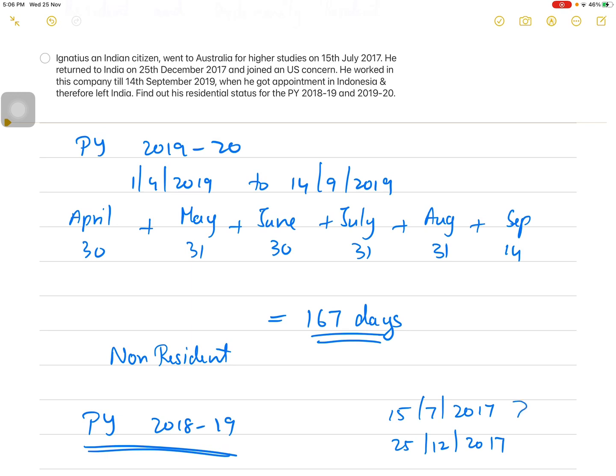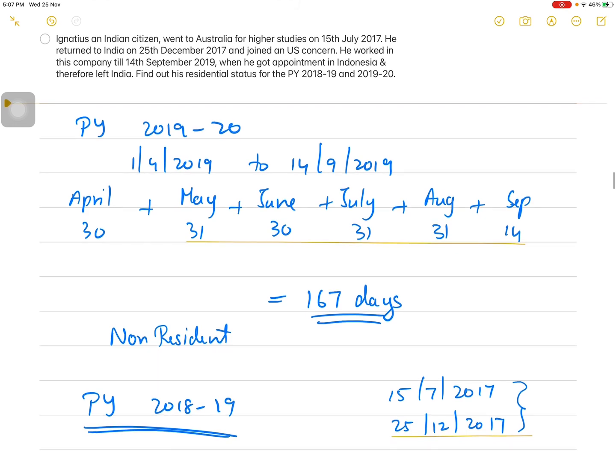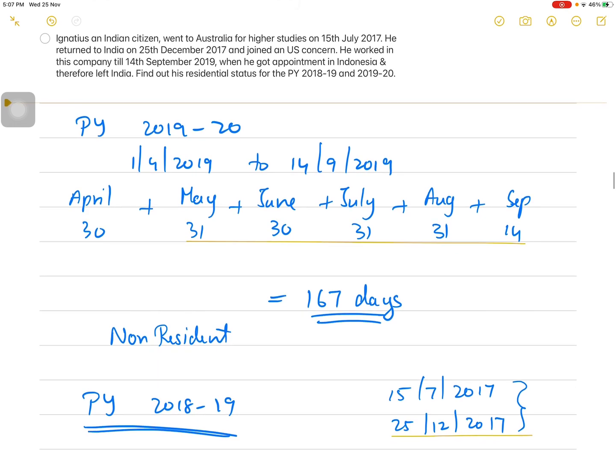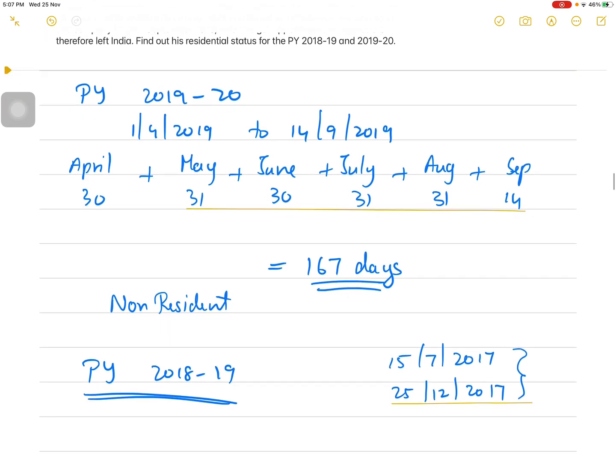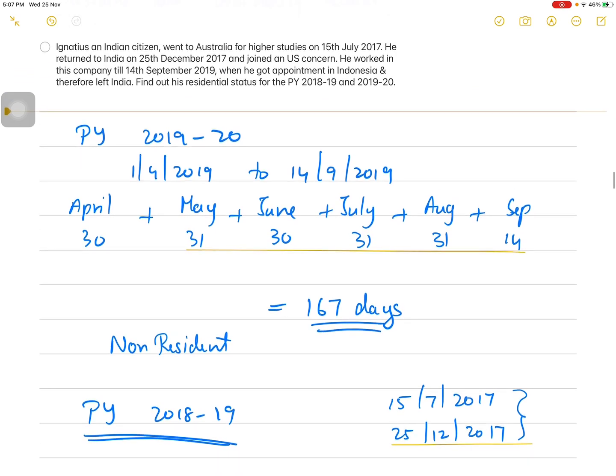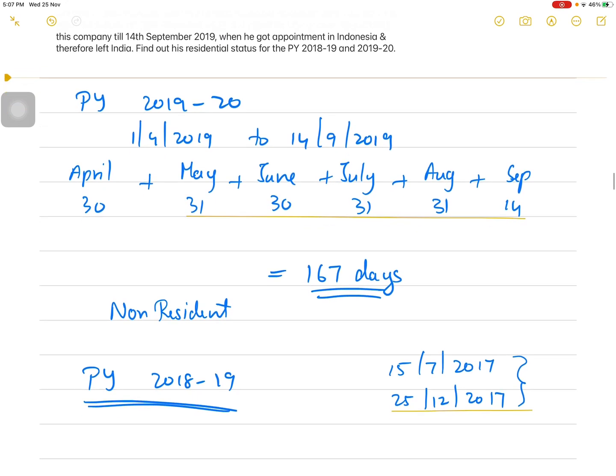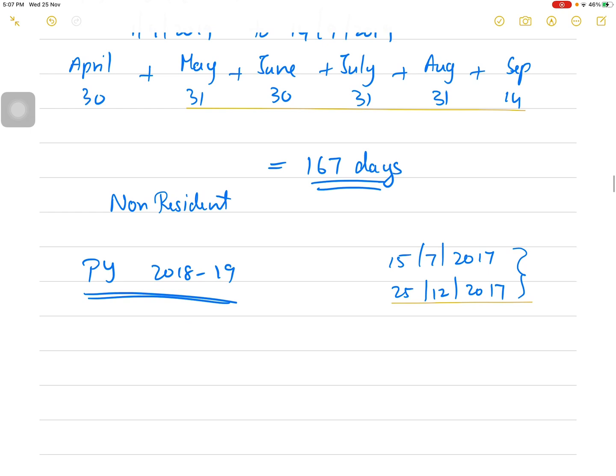Okay, this is previous year 17-18, not 18-19. And then he left directly on 14 September 2019. That means during the year 18-19 he was in India only, all the days.